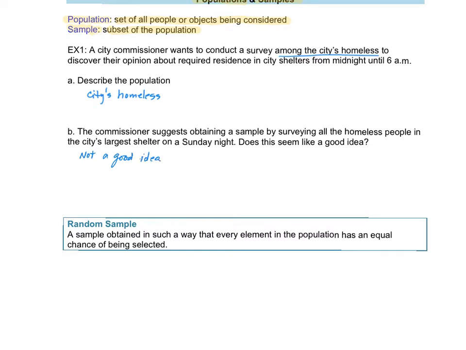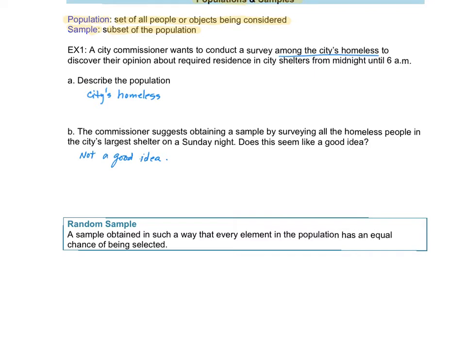Think about what this commissioner is trying to find. He's trying to discover the opinion of the city's homeless. So if he only talks to those that are already in a shelter, chances are their opinion will be favorable to a required residence in a shelter from midnight till 6 a.m. So he's not really getting a representative sample of the homeless population, just those that would agree with the required residence in a city shelter.